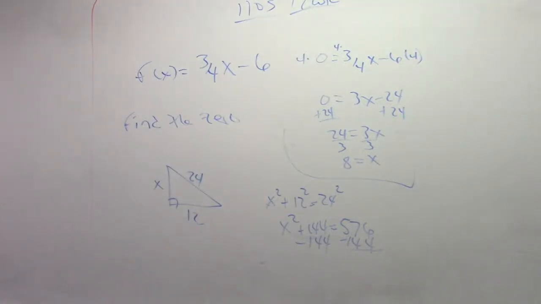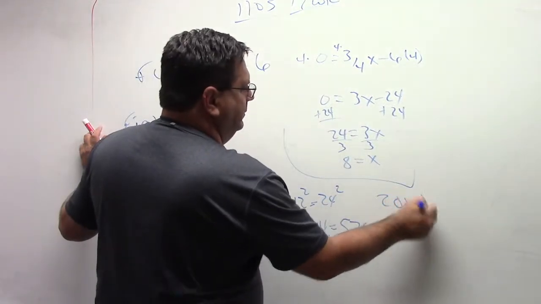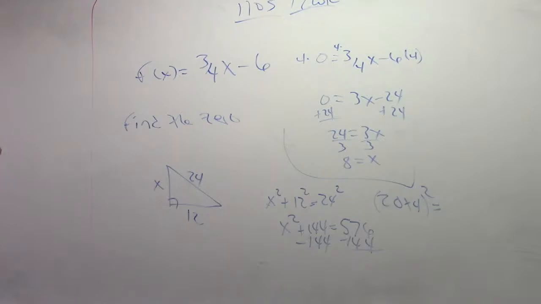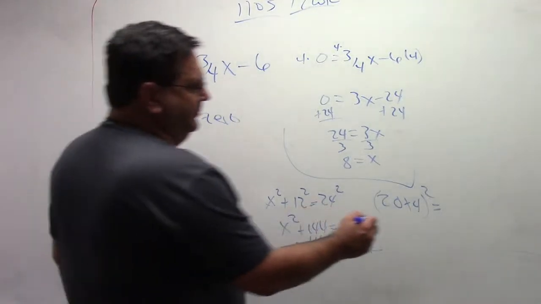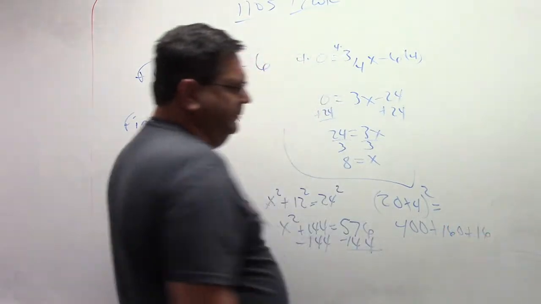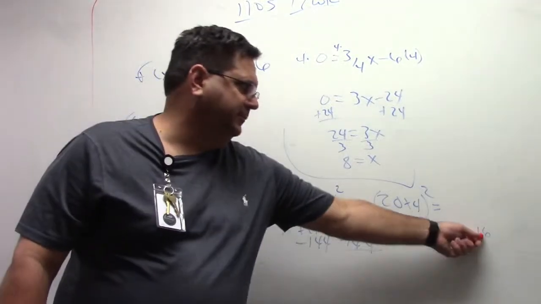I can never do that. I'll teach you the secret. How did you get 20 plus 4? Right? So this is 400 plus 160 plus 16, yeah? 560 is 576.